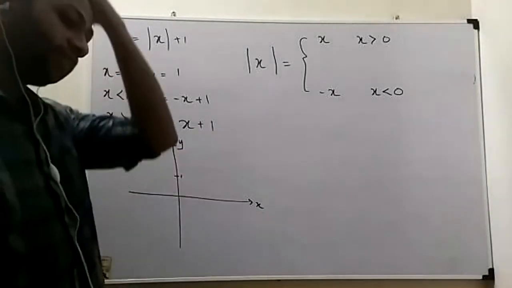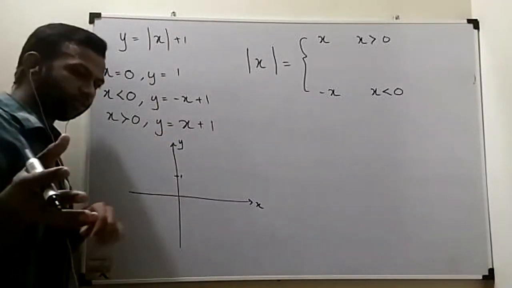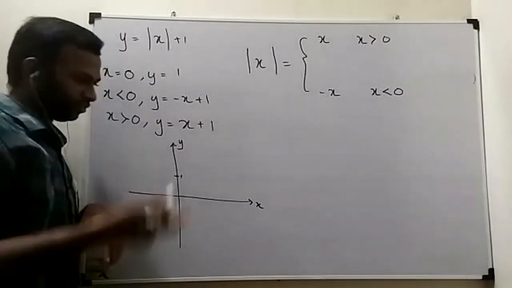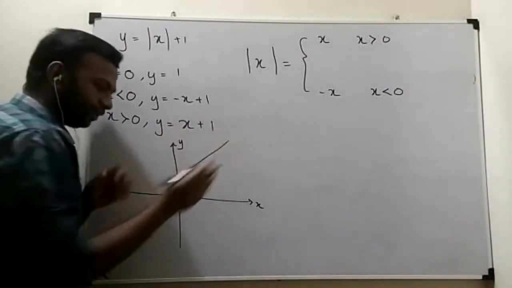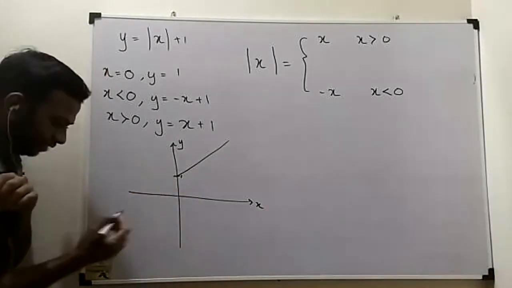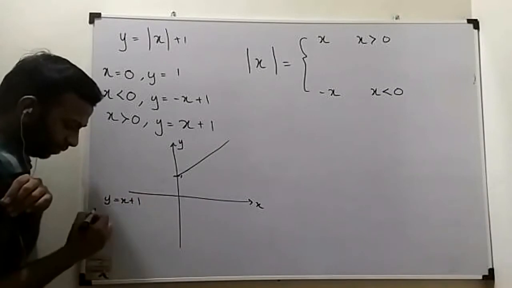The easy way to plot a straight line is to first equate x to 0 and get the y value, equate y to 0 and get the x value, and then join those points. This is very simple because it's similar to the y equals x graph, but with an intercept of 1. So you make x equal 0.